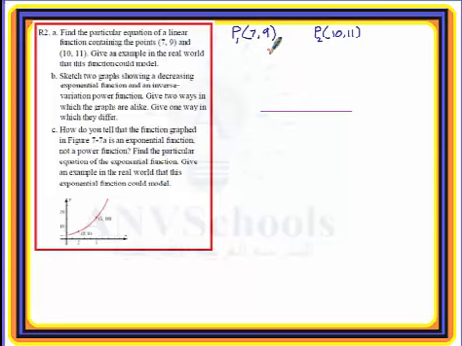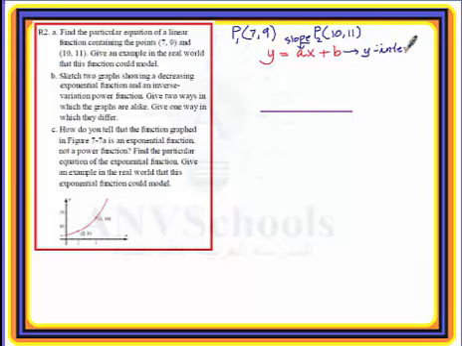comprehend and also memorize the general form of a linear function. The linear function has the general form ax plus b, where a is the slope of the linear function, and b is the y-intercept.